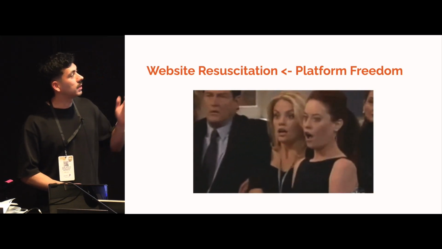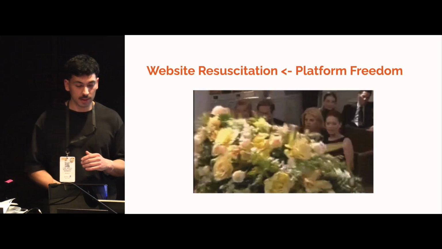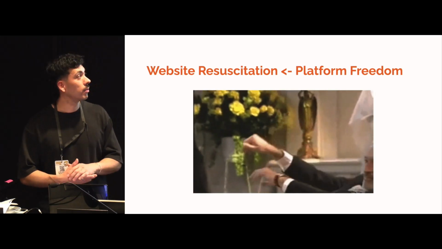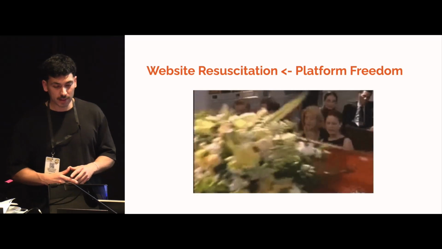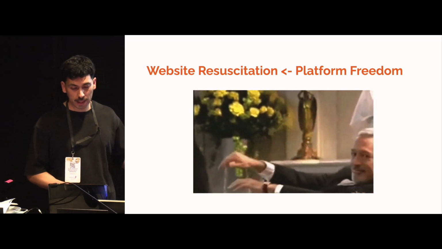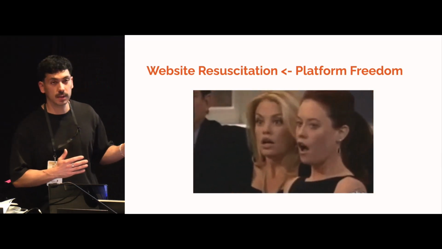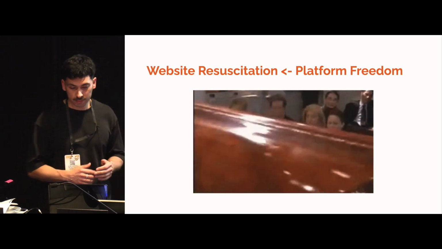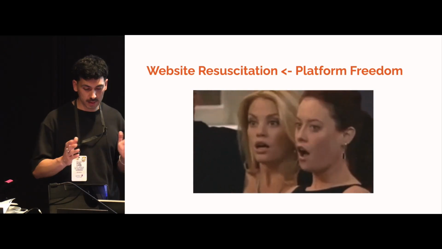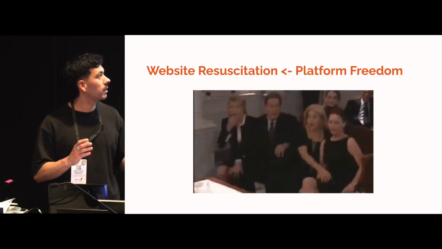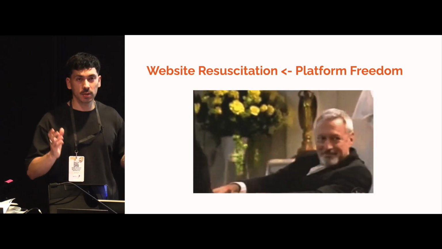I like memes. I don't know about you, but as you can tell, I'm trying to make it as fun as possible. So platform freedom, website resuscitation. You give more life to the website.